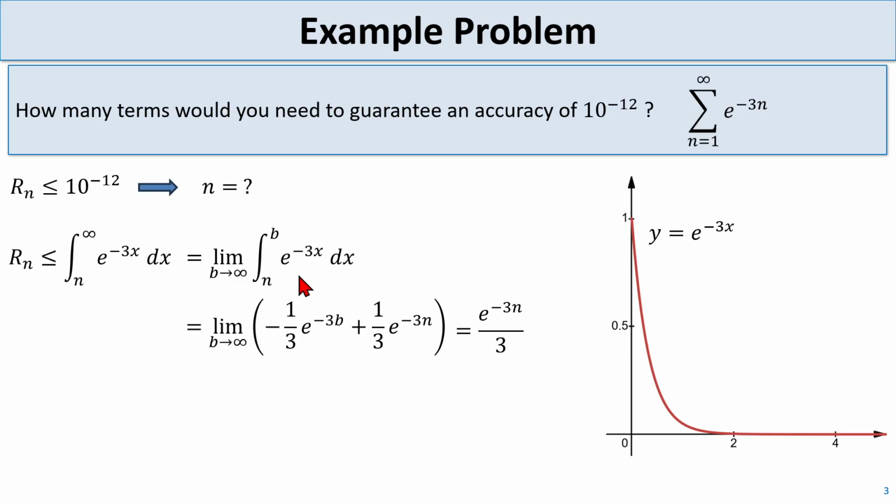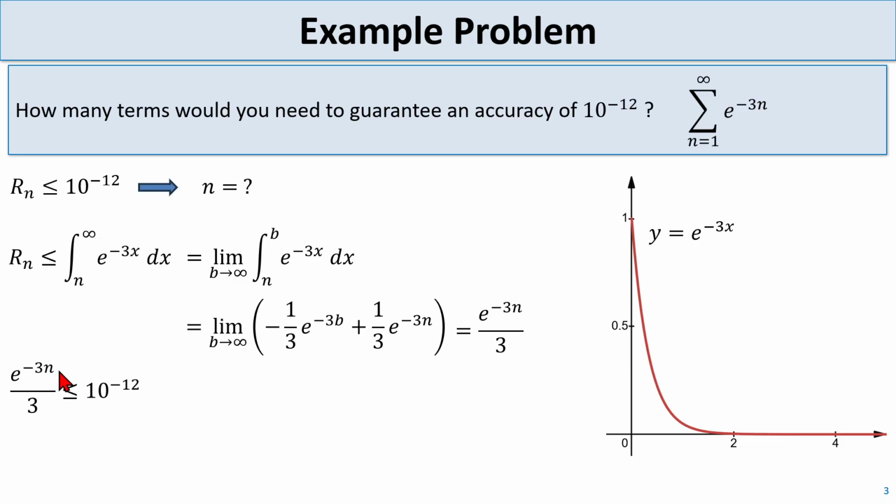So I won't talk through each of those steps. They're here. What you end up with is e to the negative 3n divided by 3. So that is the quantity that we need to be less than or equal to 10 to the negative 12.